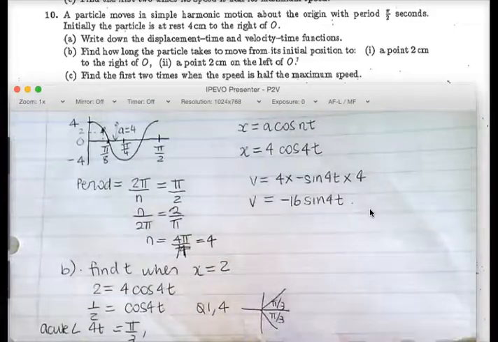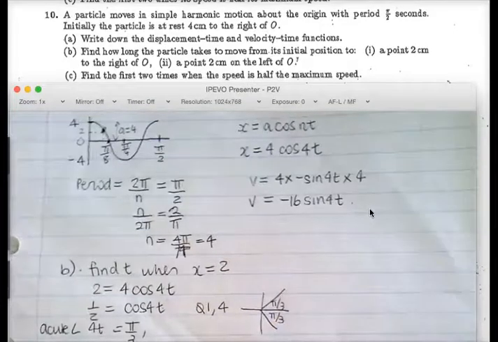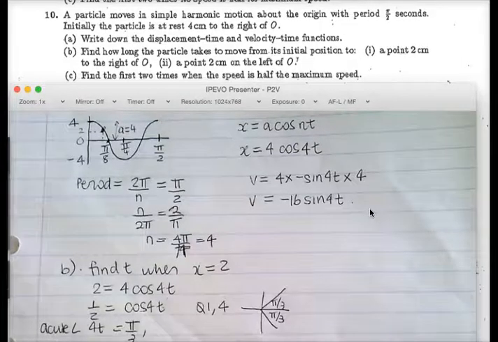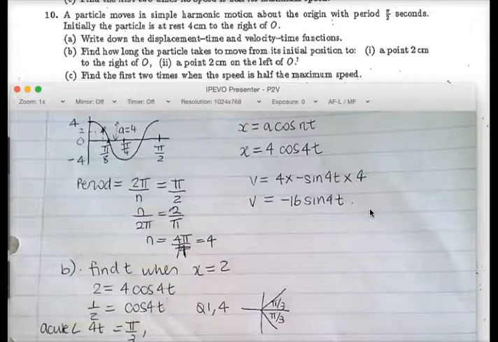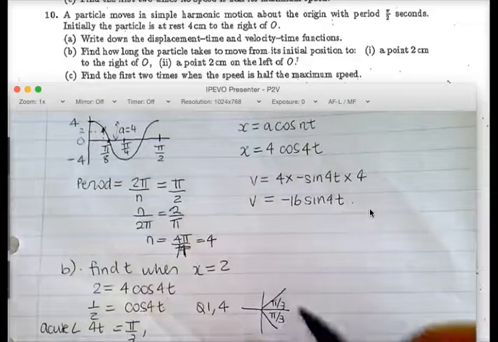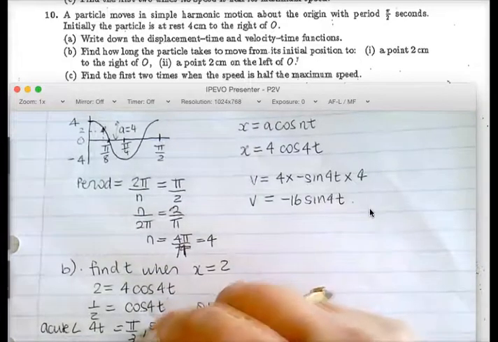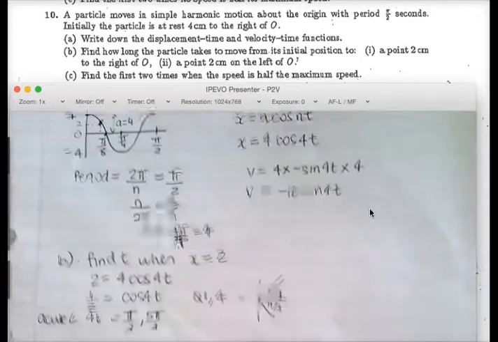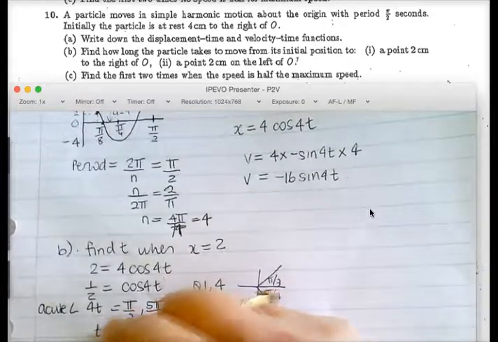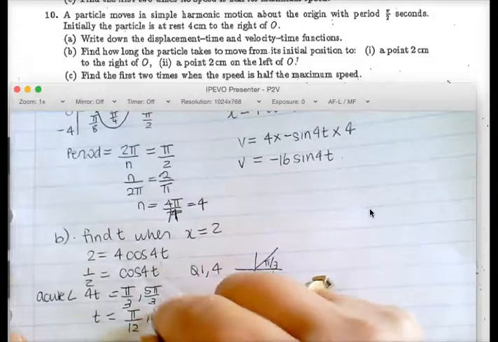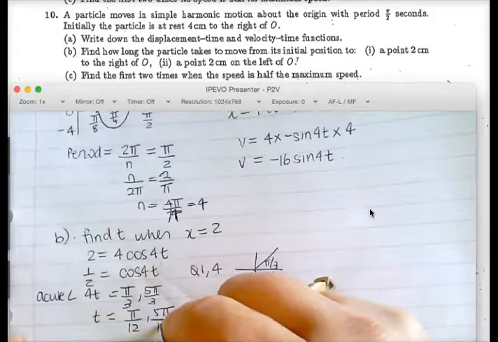All the way round is 2 pi, so it's 2 pi minus pi on 3, which is 5 pi on 3, because 6 on 3 is 2. I don't think we're going to need that, but we'll see. So therefore, time is pi on 12 or 5 pi on 12.